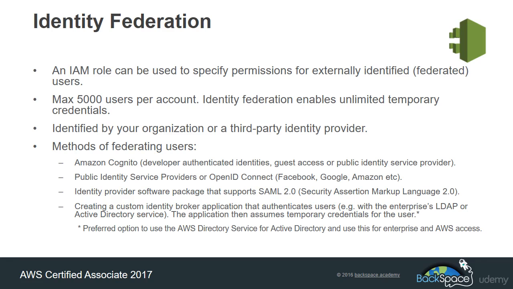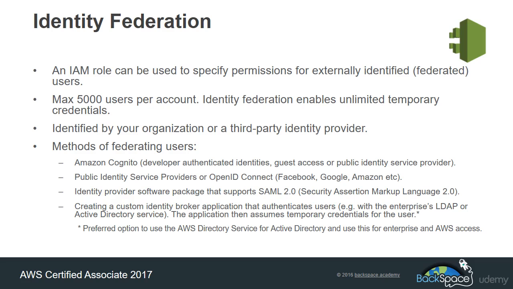We can also create a custom identity broker application that authenticates our users. For example, we can create an application with our enterprise's LDAP or Active Directory service, if we're talking about Microsoft services. And then the application assumes temporary credentials on behalf of that user.